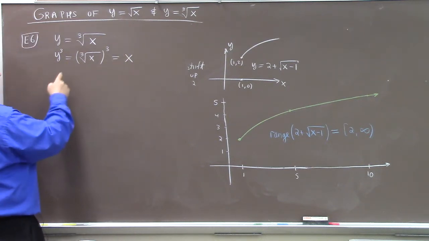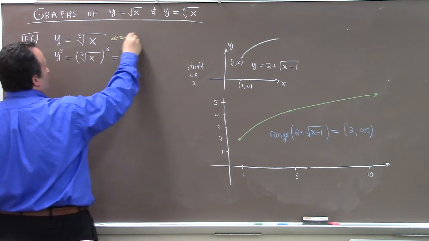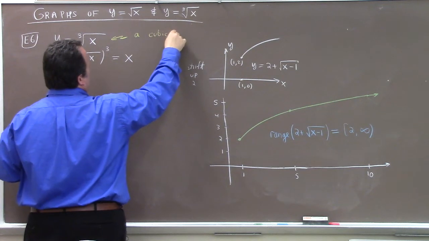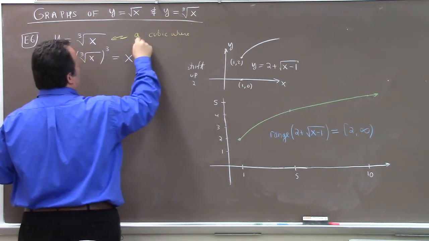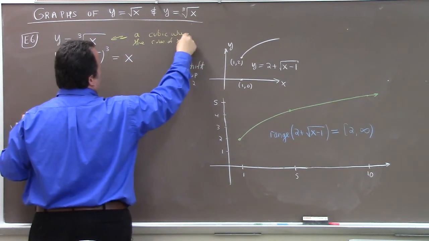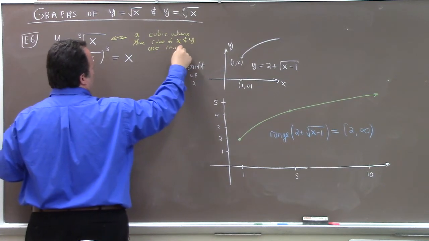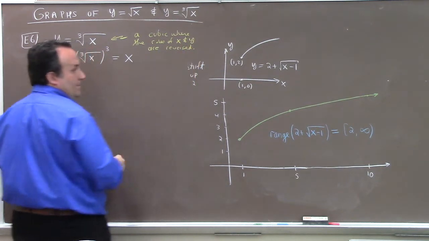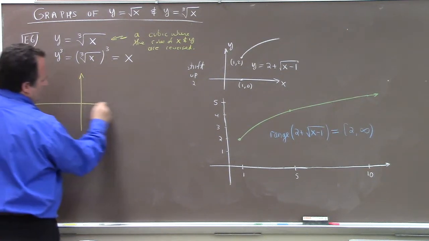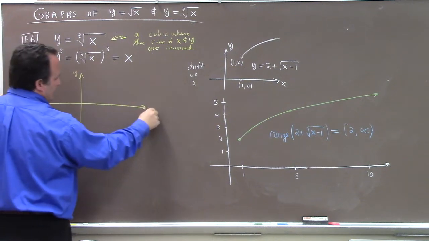So in other words, this is a cubic where the roles of x and y are reversed. So to graph a cubic, I can think of this as y and this is x, right?